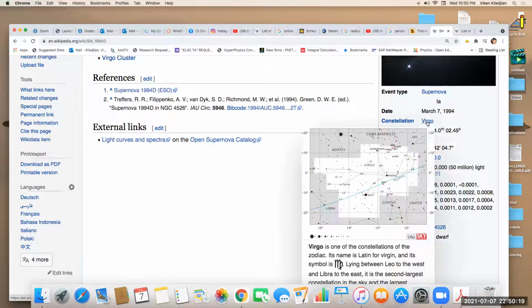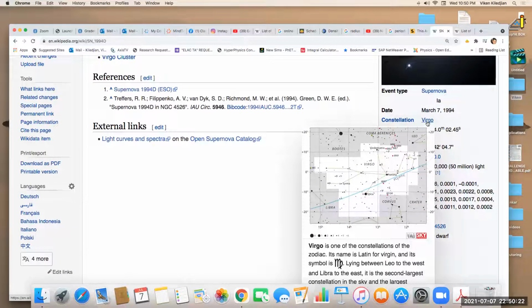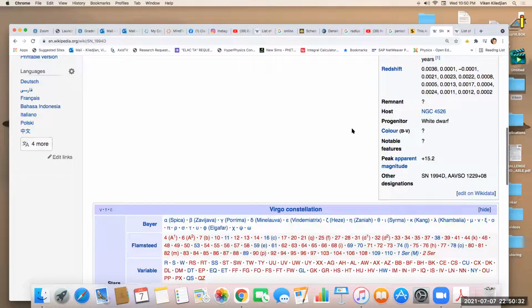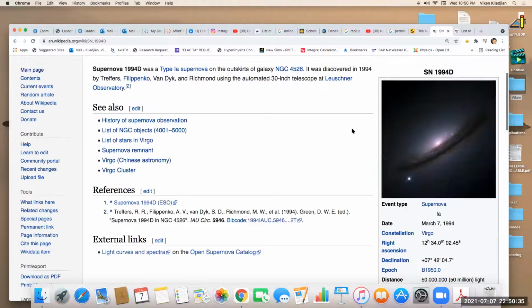It's in the constellation of Virgo, if you want to find it in the sky. Intriguing stuff. I think that's it for that.